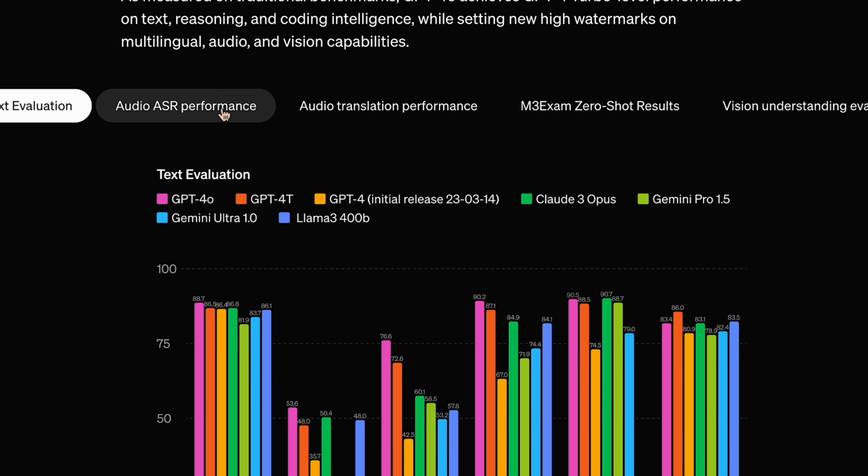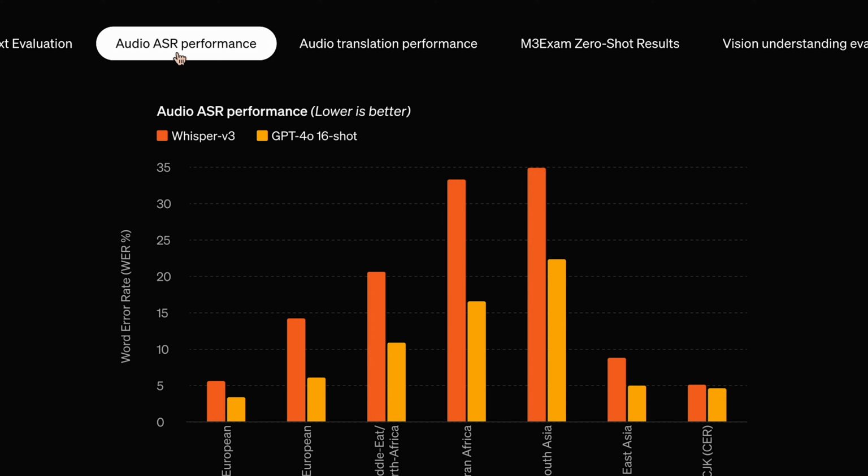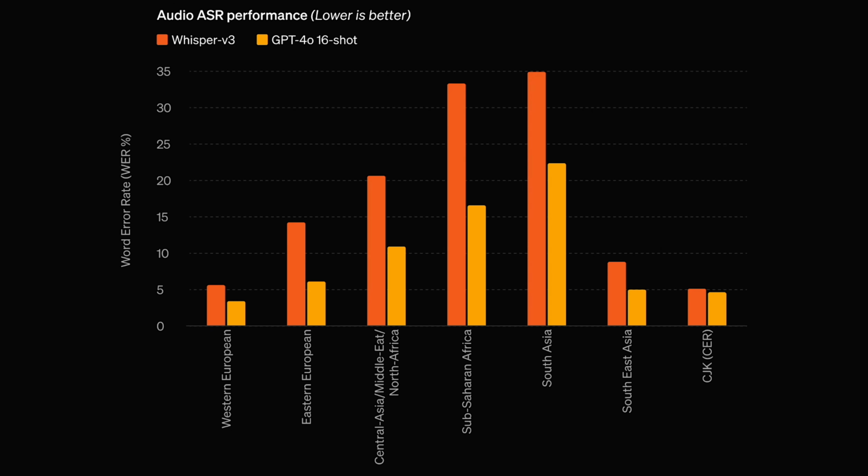So this is the text evaluation. If you see the audio ASR word error rate performance, you can see that lower is better over here. Compared to Whisper v3, which is the latest Whisper model, GPT-4 Omni is significantly better in all the tests, in all the languages. If you can see Sub-Saharan, South Asian, Southeast Asian, Eastern Europe, Western Europe, all these languages, it is significantly better than Whisper v3.